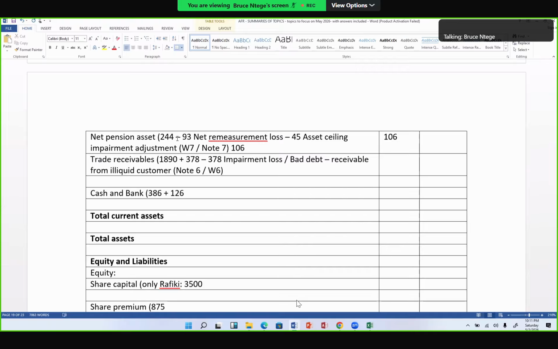All these are in working 7, therefore, as a result of note 7. So it will still give you the same figure. So it's okay. You picked it correctly. So this eventually gives me 106. So 244 minus 93 minus 45, you should be getting that 106. I hope you've seen it.